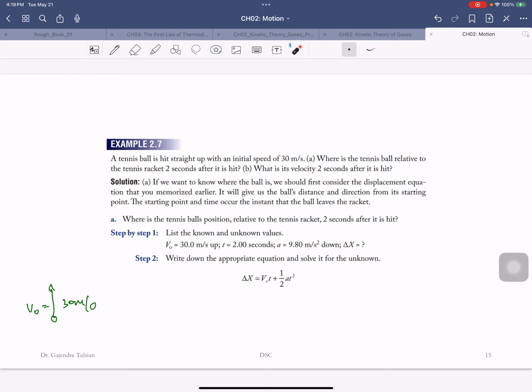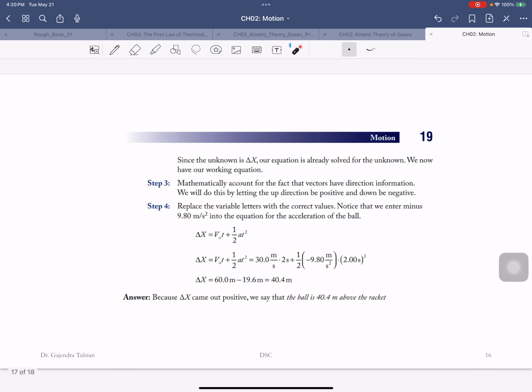Since we've written this as positive, we've chosen that to be the positive direction, and the acceleration, which is pointing in the opposite direction, will be minus 9.8 meters per second squared.